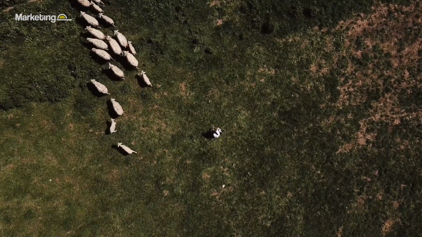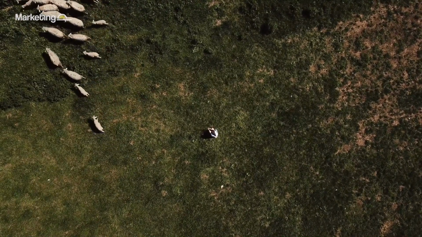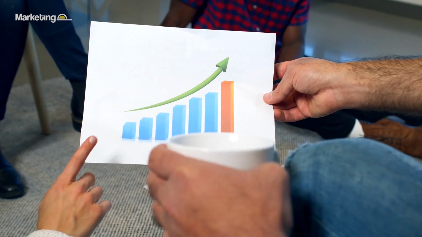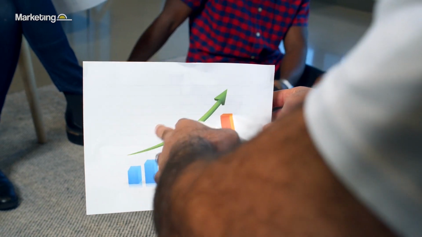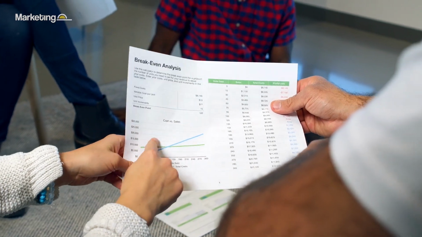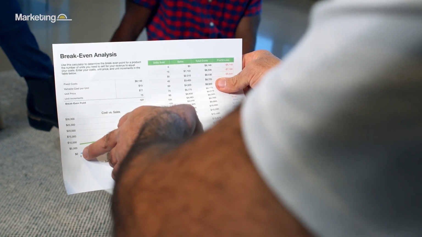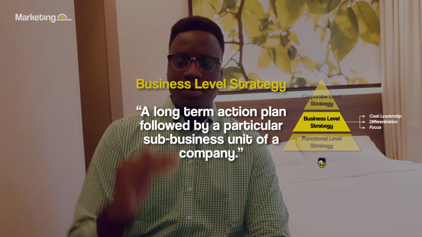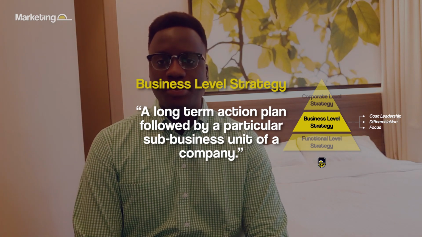All these subsidiaries under the parent organization will follow the same grand strategy, the same mission, vision, goals and objectives, whether it's expanding to different parts of the world, getting more customers, or whatever the strategy is.